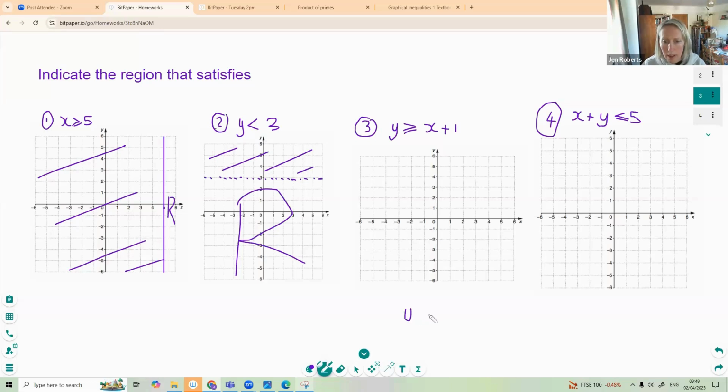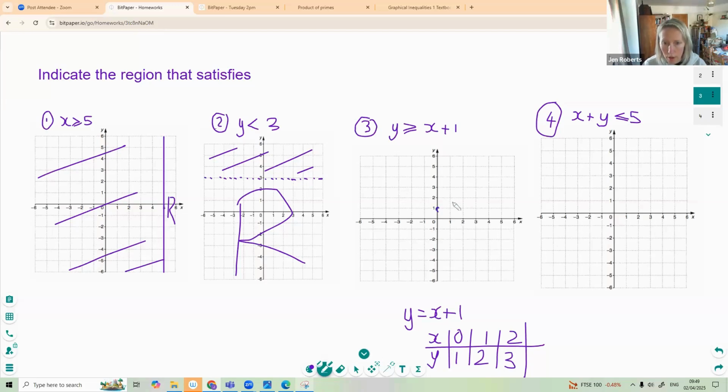So let me put y is equal to x plus 1. Let's draw our table of values. Choose any values for x. I'm going to choose 0, 1, and 2. If x is 0, 0 plus 1 is 1. If x is 1, 1 plus 1 is 2. And if x is 2, 2 plus 1 is 3.